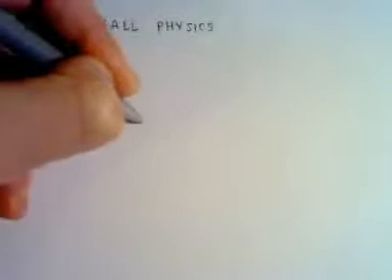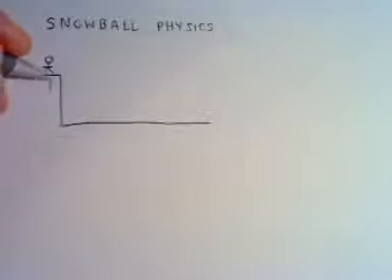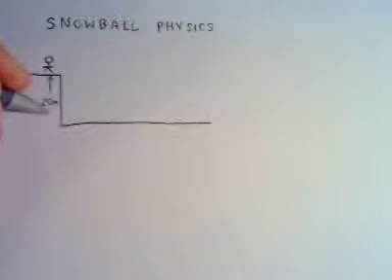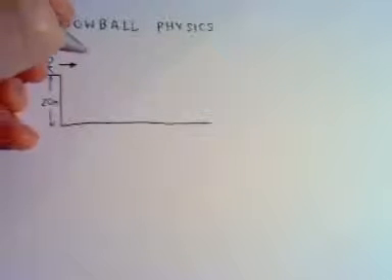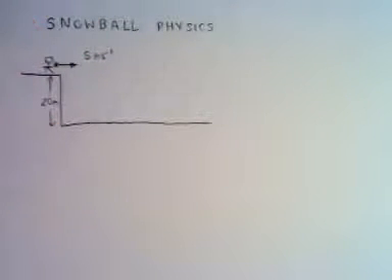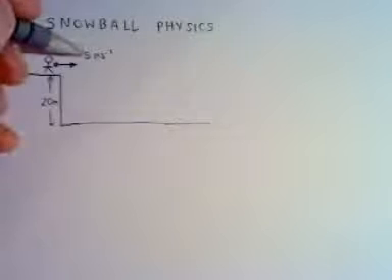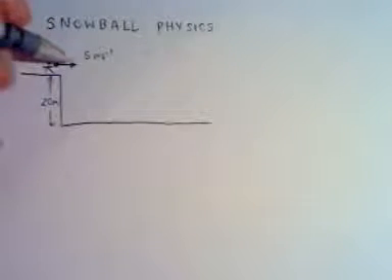Well, let's have a look at a scenario. We have a physics student stood on top of a building 20 meters above the ground, and the physics student launches a projectile, in this case a snowball, at a velocity of 5 meters per second, and only launches the projectile horizontally.